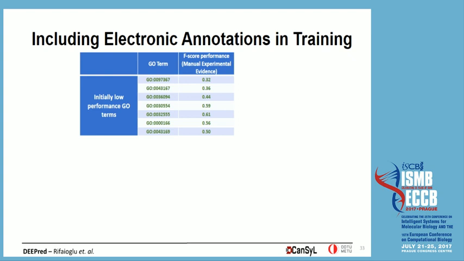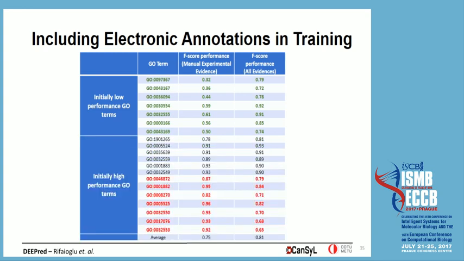Here, the third column shows their performance results when the system was trained using only manual experimental evidence codes. And here, the last column represents the results when the training was done using annotations with all evidence codes. As can be seen here, there is a performance increase for all low-performing GO terms, which are indicated as green lines.